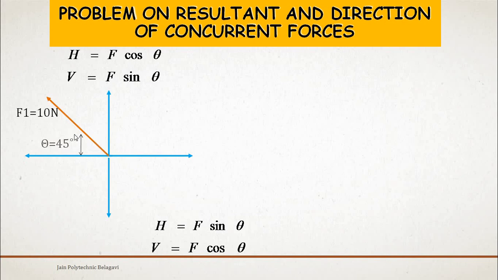So this is the first force acting in the second quadrant. So this will be your first quadrant, second quadrant, third quadrant and fourth quadrant. Force 1 is acting here with a magnitude of 10 Newton, and it is acting at 45 degrees with respect to the x-axis. The second force, again with respect to the x-axis, 30 Newton is acting.